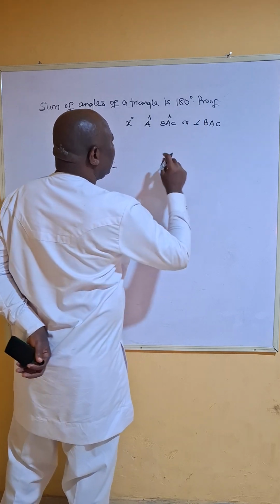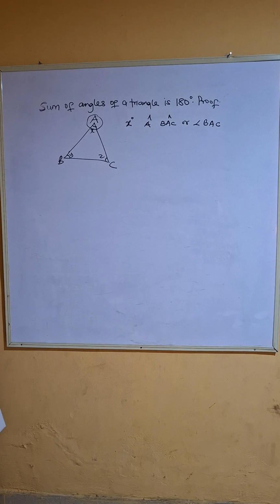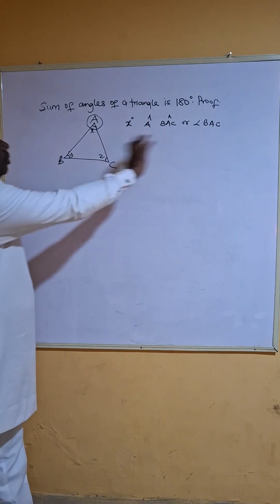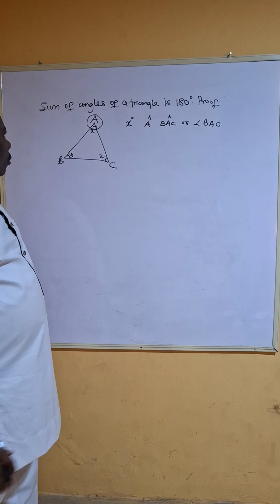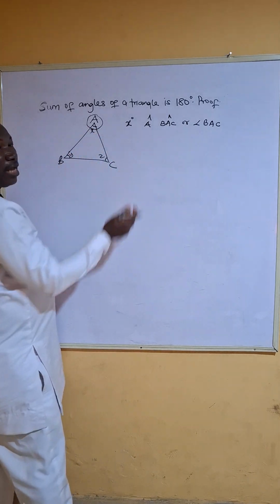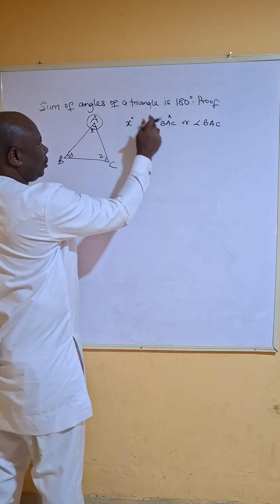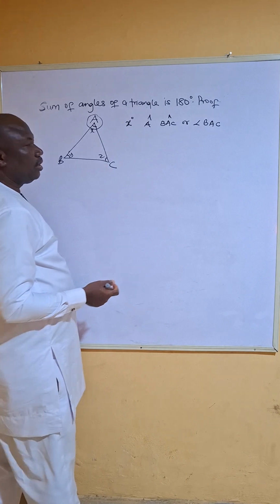Any of these is correct, because you have already represented this one with X, so you can call it X degrees. You can call it angle A if you like. You can call it angle BAC.